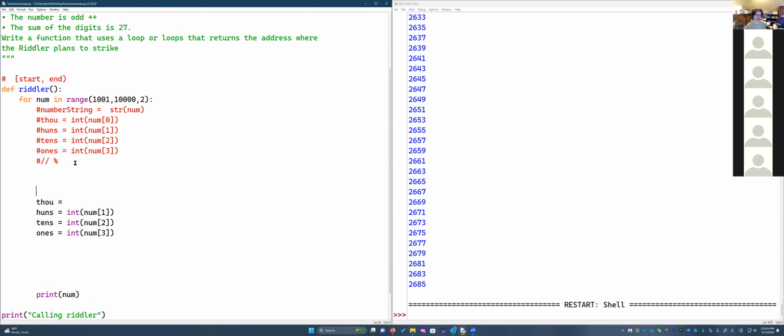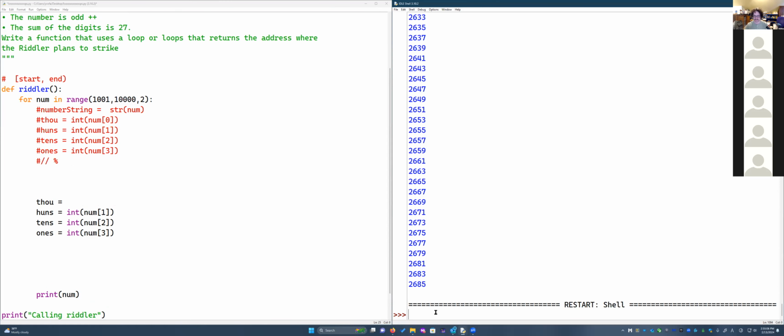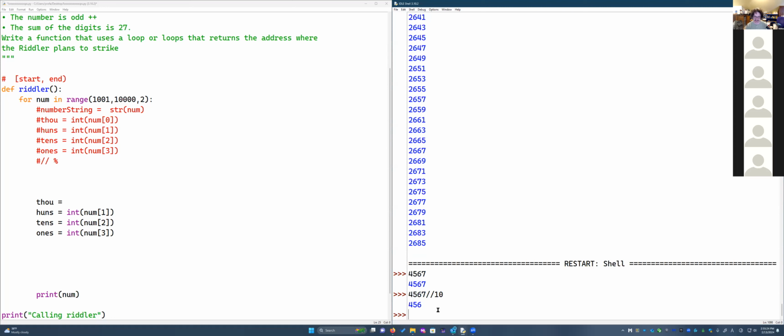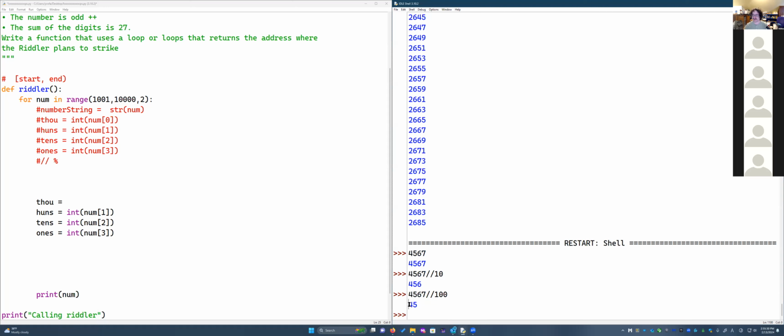Suppose I've got a number like this, 4, 5, 6, 7, on the right-hand side. If I divide 4, 5, 6, 7 by 10, that chops off the last digit. 4, 5, 6, 7 divided by 100 just gives me the thousands place and hundreds place. Make sense? We're just doing the quotient here.